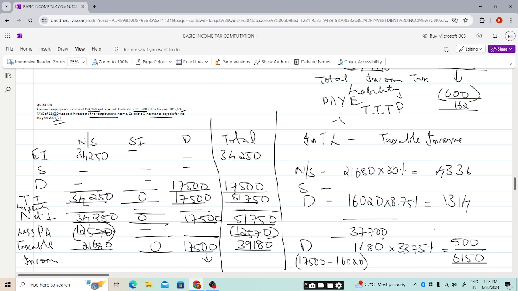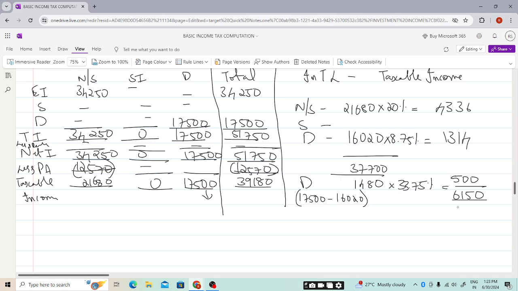As in the question we have PAYE, this is our total income tax liability. So our total income tax liability is 6,150. So what is the amount of PAYE? The PAYE is 3,680.